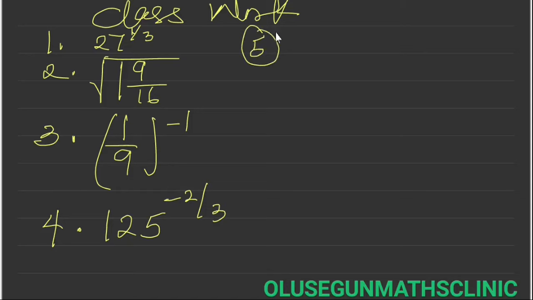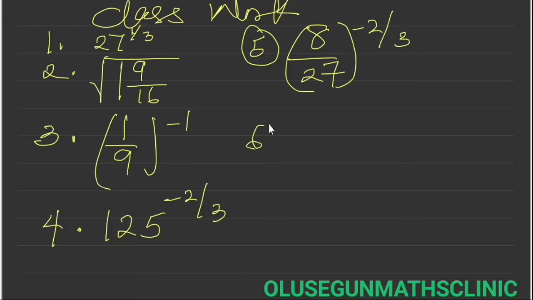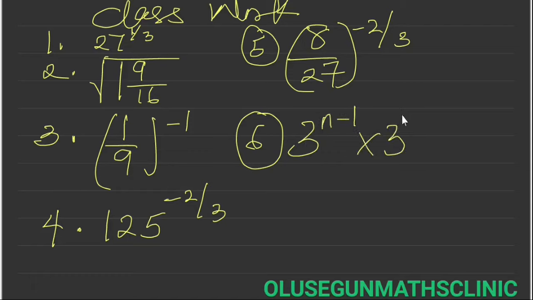Let's have number 5, 8 over 27 all raised to power minus 2 over 3. Number 6, 3 raised to power n minus 1 times 2 raised to power 1 minus n. So please, you solve this.